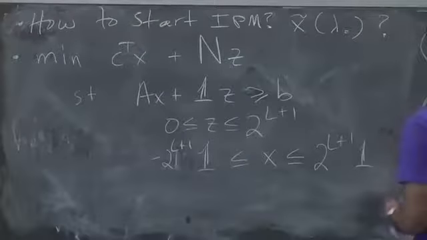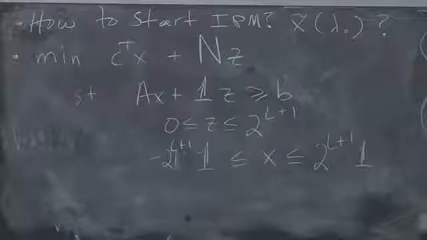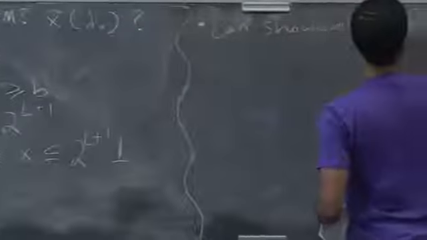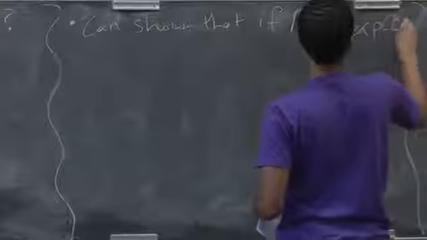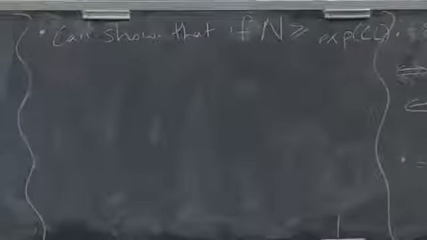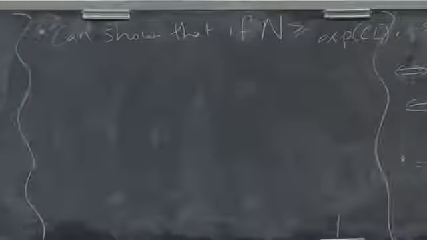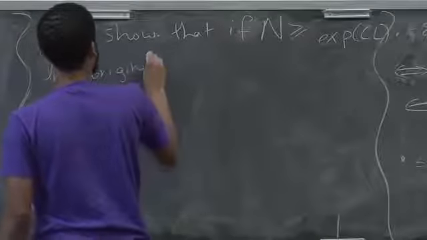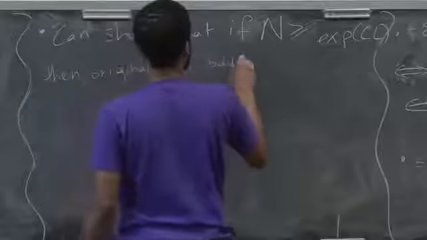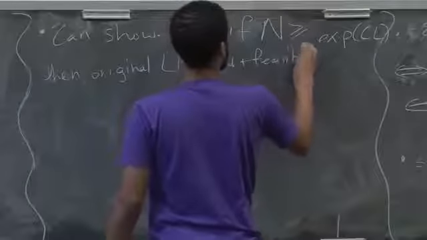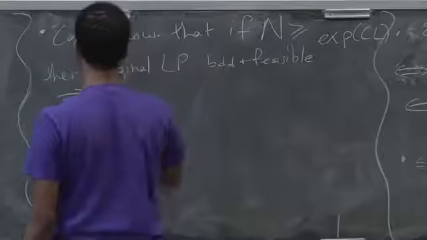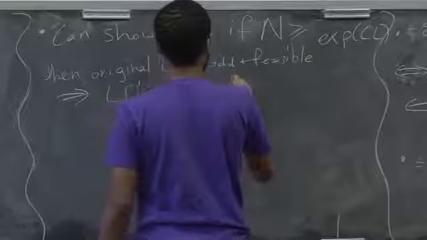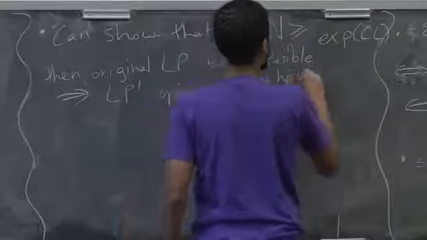I'll put a reference in the notes, but you can show that if N is big, like exponential in the precision, let's say 10 to the L or 100 to the L, then the original LP being bounded and feasible implies that the LP prime optimum must have z equals 0.